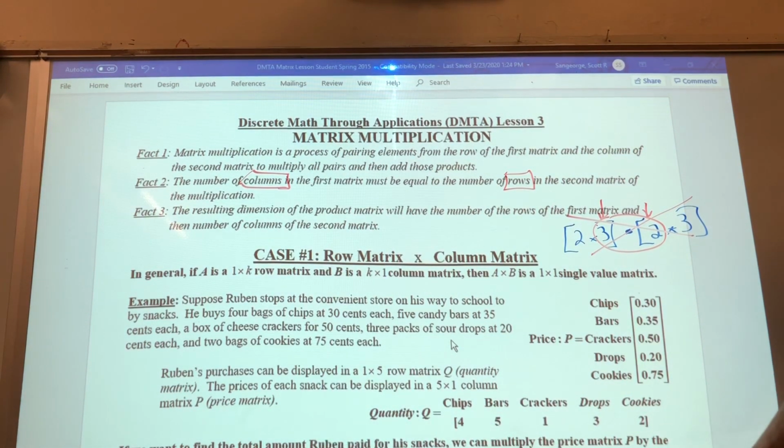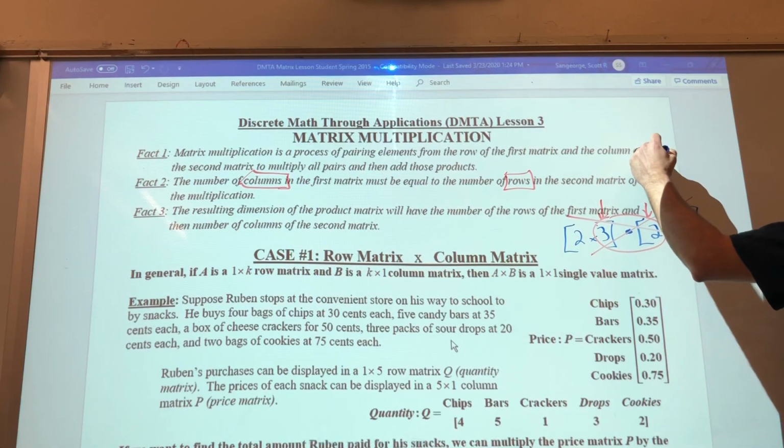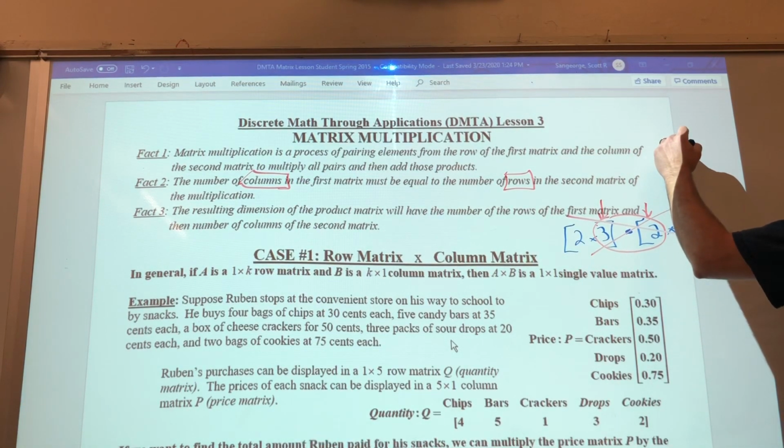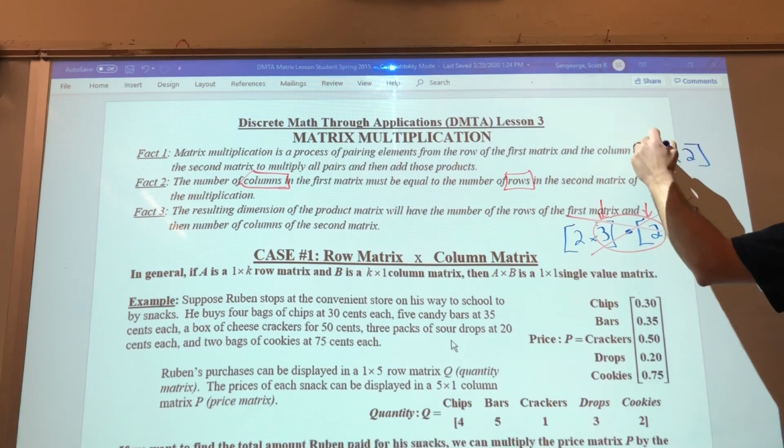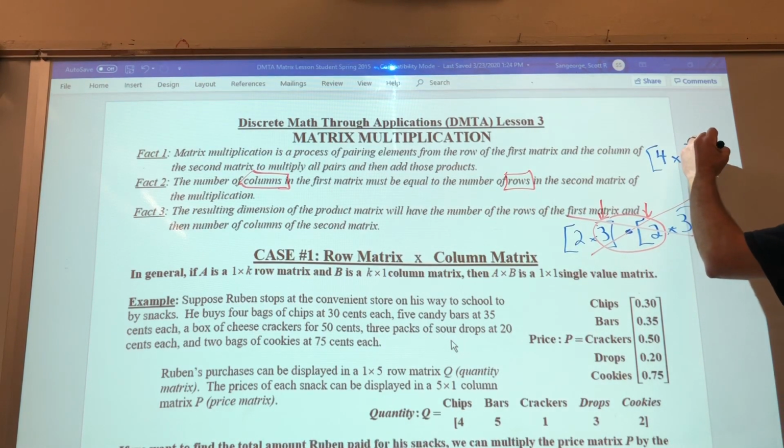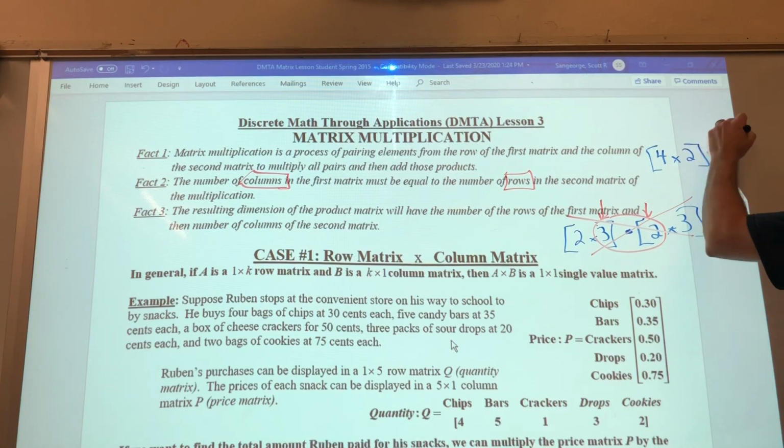What we need to do is look at another matrix, 4 by 2 times 2 by 3.